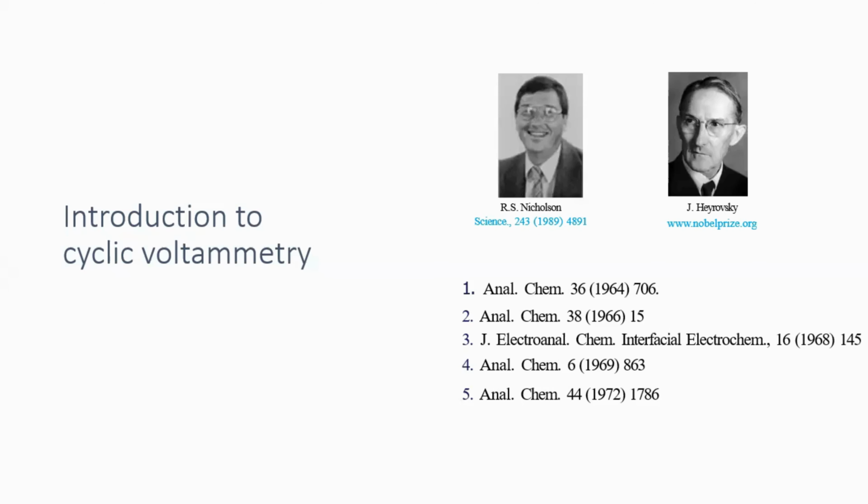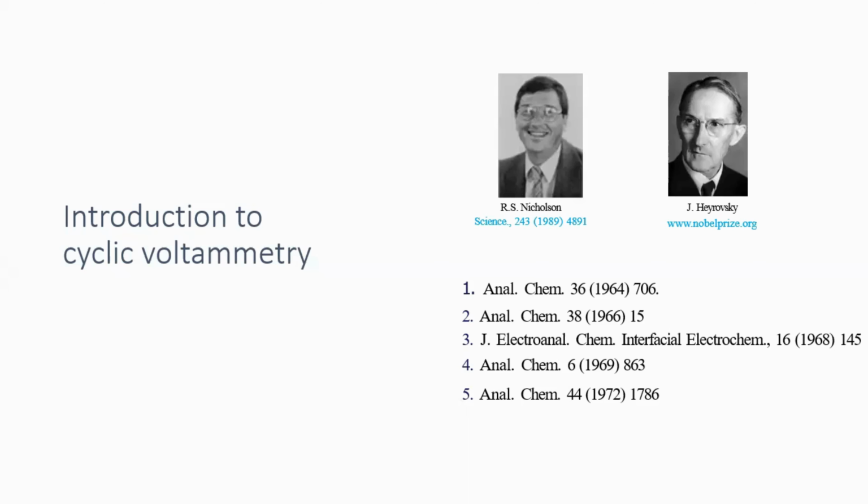Mainly, Professor Richard S. Nicholson developed the mathematical equations for how we can calculate the electron transfer kinetics at the electrode surface using polarographic methods and cyclic voltammetric methods. Professor Nicholson has published a series of papers on how we can understand the electron transfer process at the electrode interface.